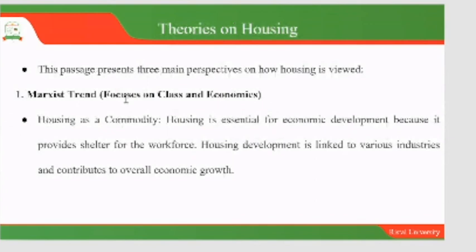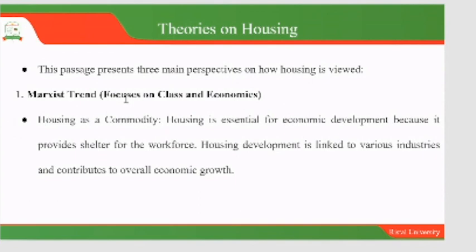So we have theories, like we had in urbanization, but also here we have a few theories that we would want to look at. And we would want first to look at what we call the Marxist trend, that focuses on class and economics.